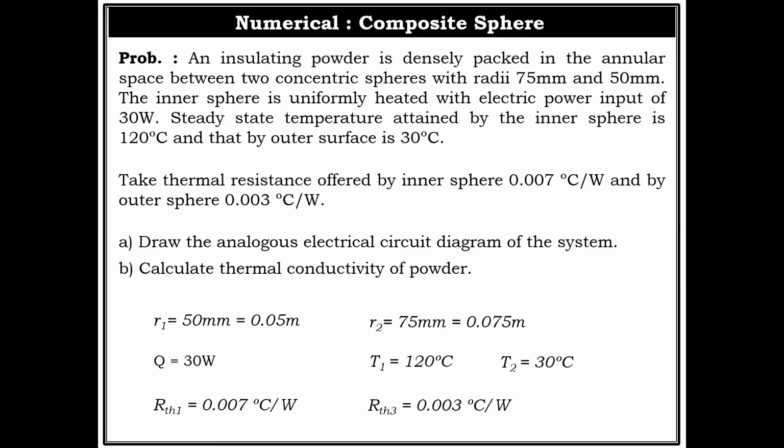It is asked to find, first, A, draw the analogous electrical circuit diagram of the system, and B, calculate the thermal conductivity of the powder. I always suggest students draw a schematic diagram for whatever the numerical is. It gives a better understanding to solve the problem, and many times it also has separate weightage. So always remember, for any numerical, if possible, draw a schematic diagram.